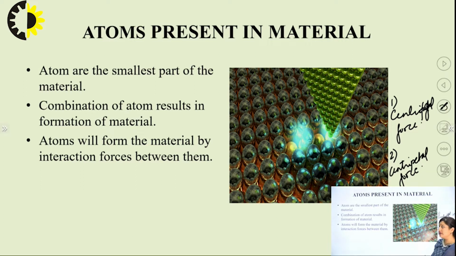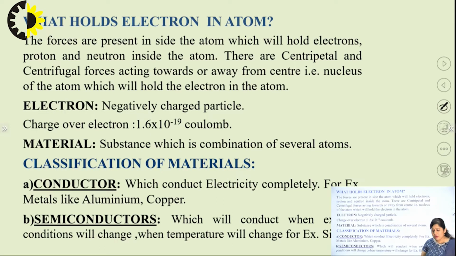So in semiconductor physics, crystalline structures are very important, because by the proper arrangement of the atoms inside the crystalline structure, we can easily find out the value of the centripetal or the centrifugal force.